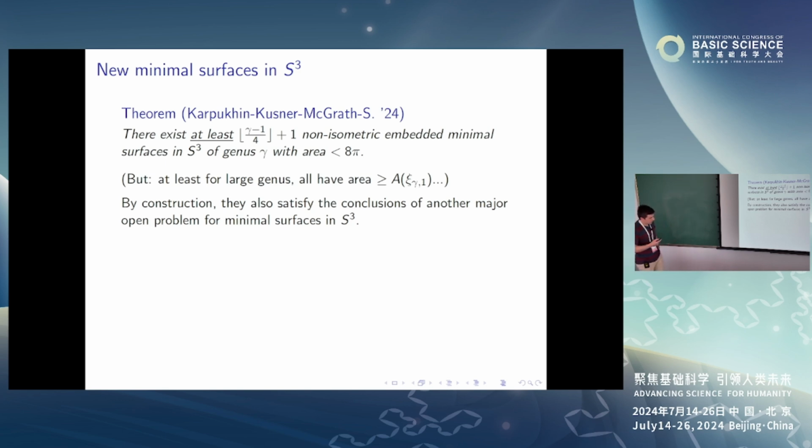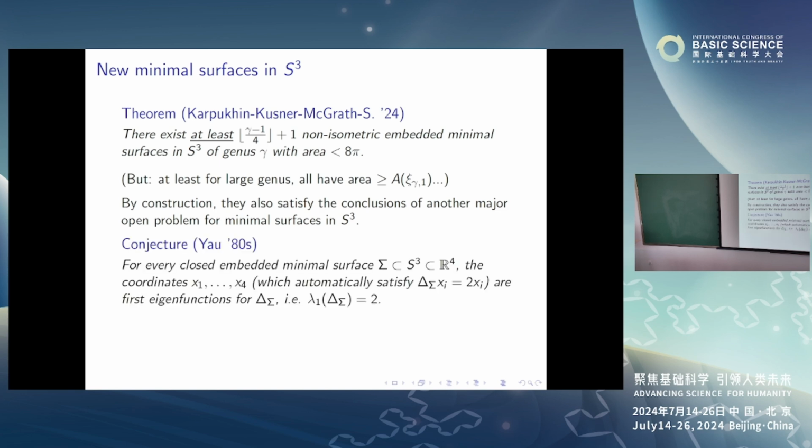Okay, so by construction, they also satisfy the conclusions of another major open problem for minimal surfaces in S3. To be clear, we don't make any progress in solving this problem, which is one that I think anyone who works on minimal surfaces has played with from time to time, which is this old conjecture of Yau's that says that for every closed embedded minimal surface in S3, well, we know just by the minimal surface equation that the 4 coordinate functions are automatically eigenfunctions of the Laplacian with eigenvalue 2.